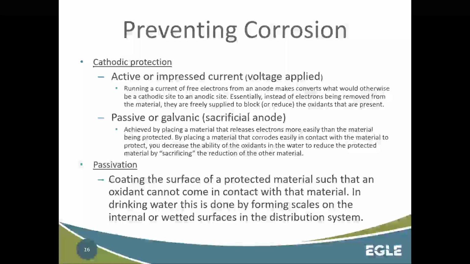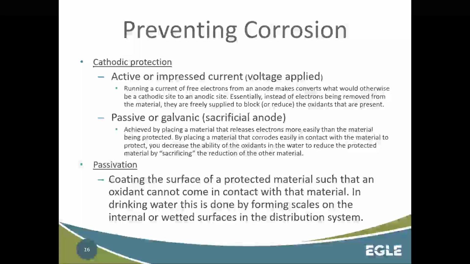The other side of that is passivation. Passivation, which we've already referenced a little bit, is essentially you're creating a coating, a surface, if you will, around that material. So you're no longer allowing those things that cause the corrosion or excessive corrosion to come into contact with the actual material being corroded.